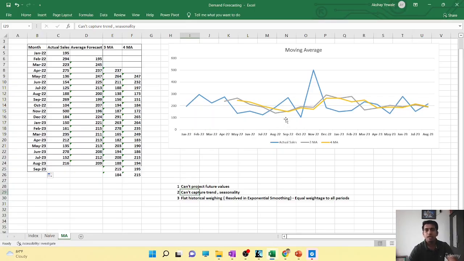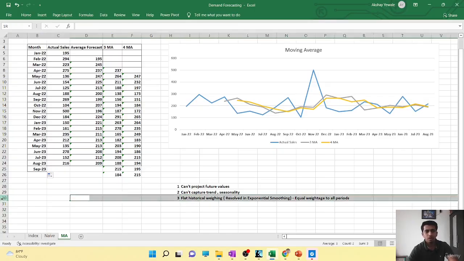Like every year at Christmas we have huge sales of ice cream or chocolates, or in summer there is a lot of sales of air conditioners. So that's the seasonality. Are there any repeatable patterns across the time series or in a particular time phase? That's seasonality. So moving average fails to capture that.